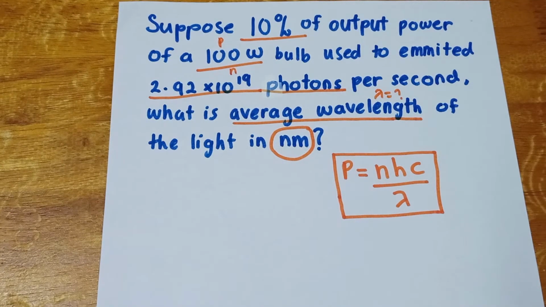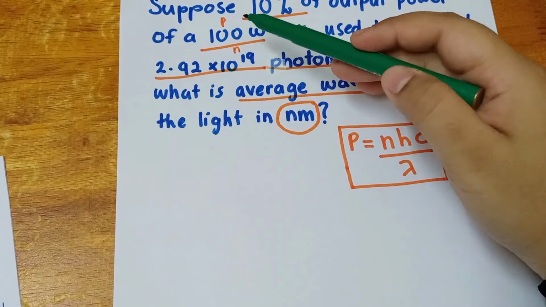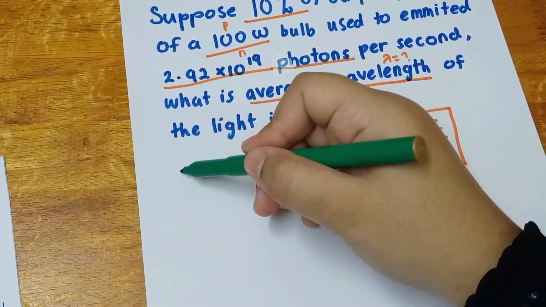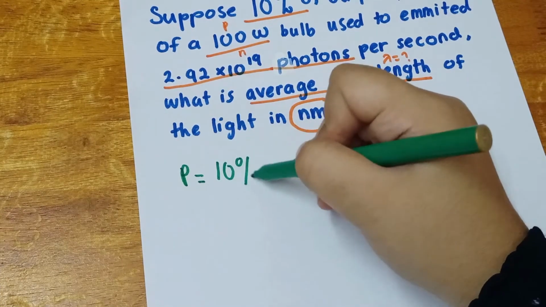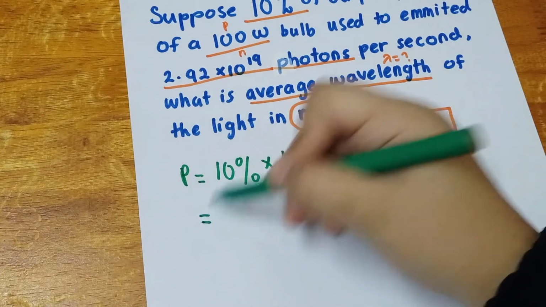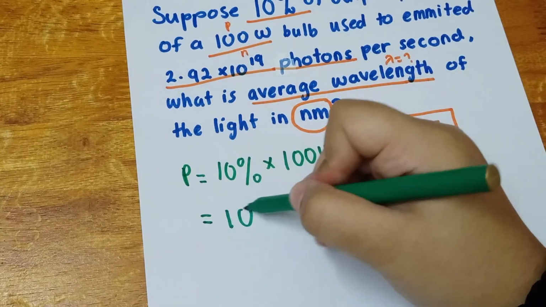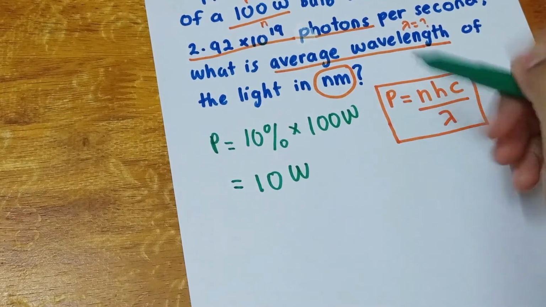First step, we need to find 10% of the 100. So the real power is 10% times 100 watt. As we can see, this is only 10 watt.